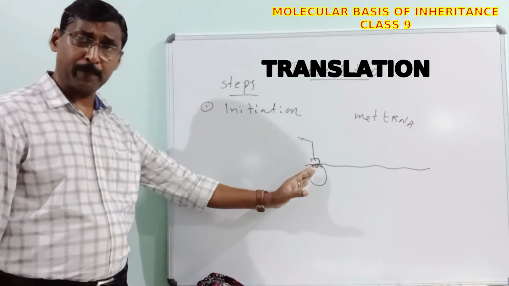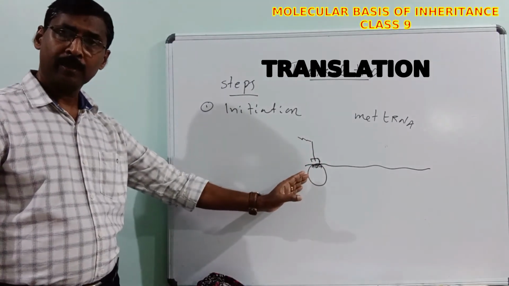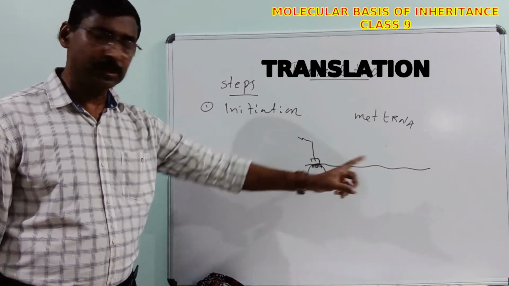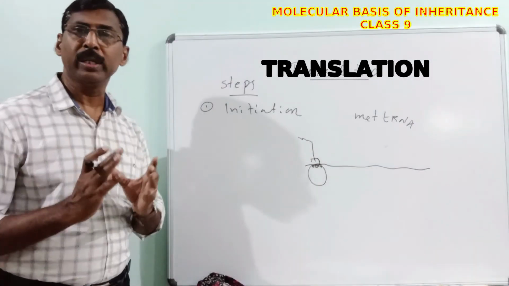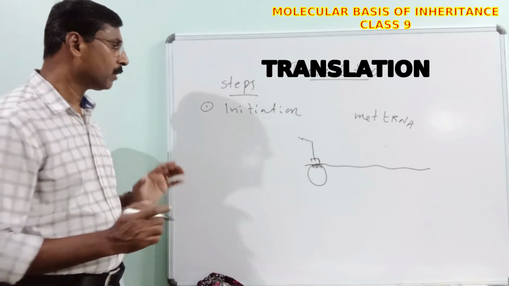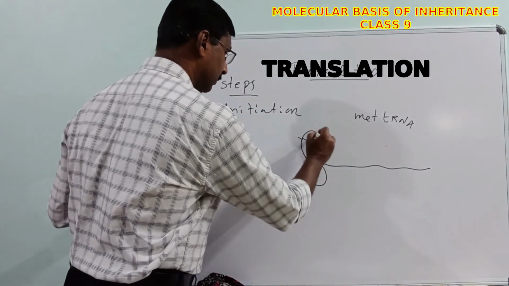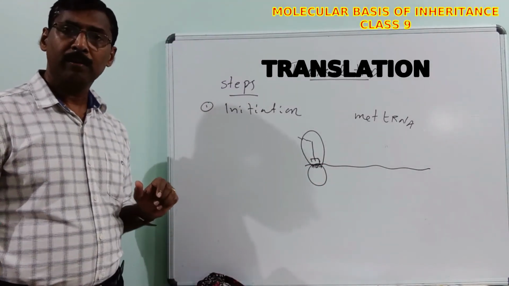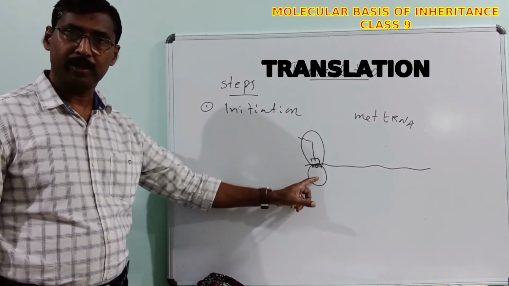And after the first transfer RNA has established a temporary base pairing with the first codon, the AUG codon of the messenger RNA, the larger subunit of the ribosome arrives to the site and combines with the smaller subunit.